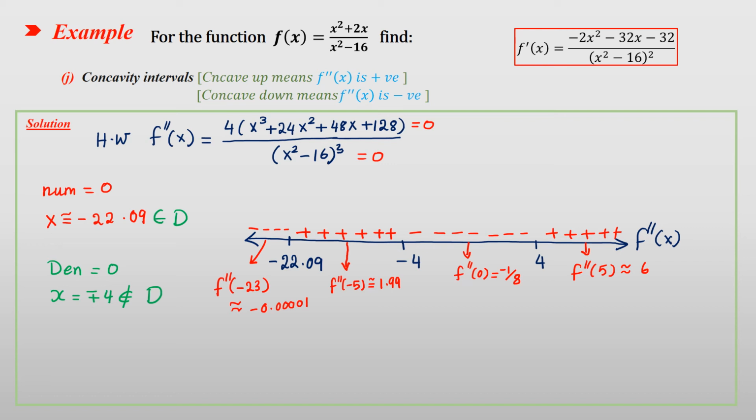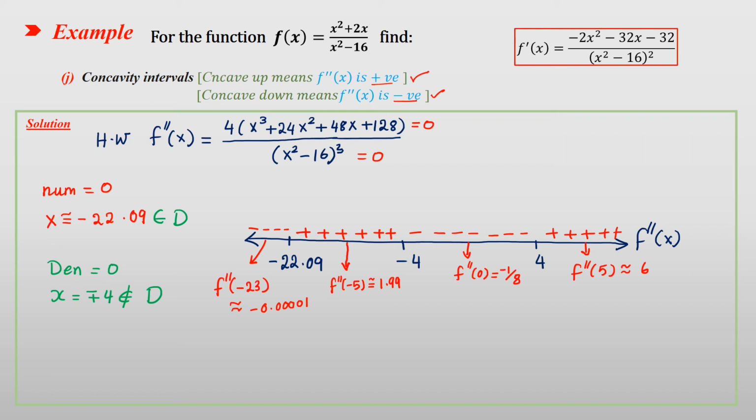Now we have to find where the function f of x is concave up or concave down. This depends on the sign of f double prime. If f double prime is positive, the function f will be concave up, and if f double prime is negative, the concavity will be down.